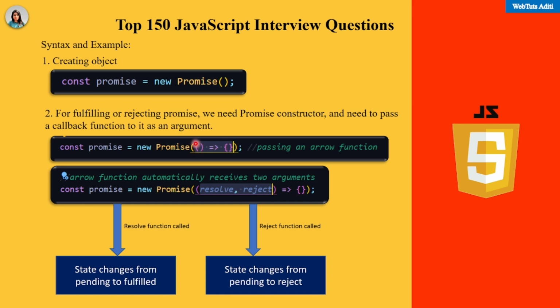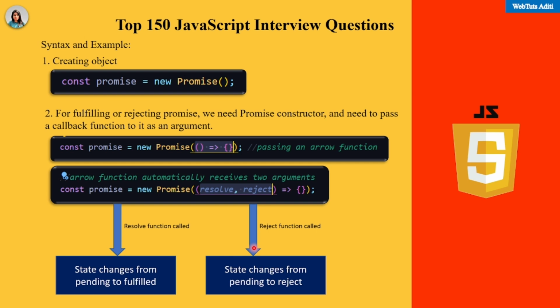Here you can see I've passed no arguments and given this fat arrow and then the body. This is just a prototype to show you how to write the arrow function. In the next line you can see I've passed the function. These are the two arguments inside the function, that is resolve and reject, and then comes the body, and both resolve and reject are functions.